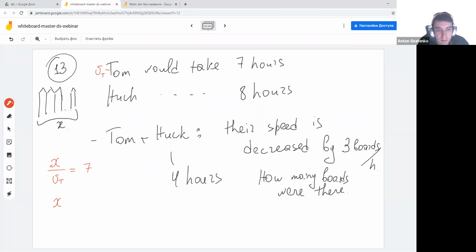On the other hand, Huck has his own speed. When painting the very same fence, the very same number of boards, he requires 8 hours.